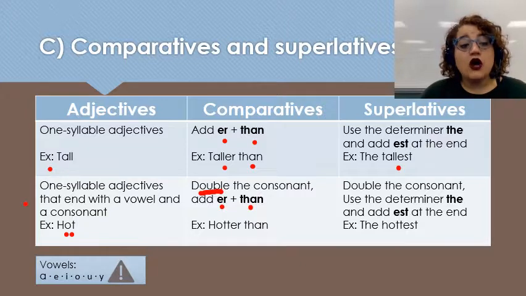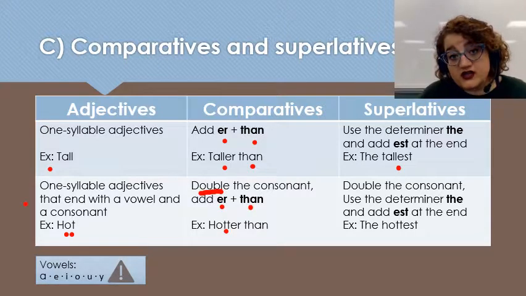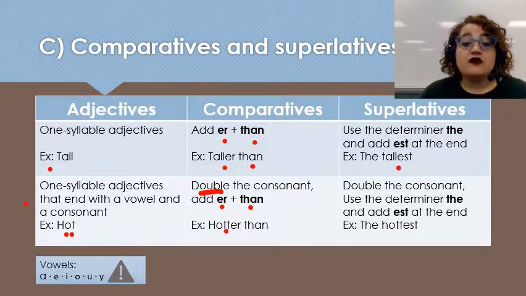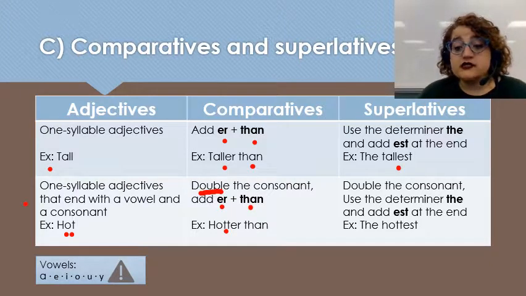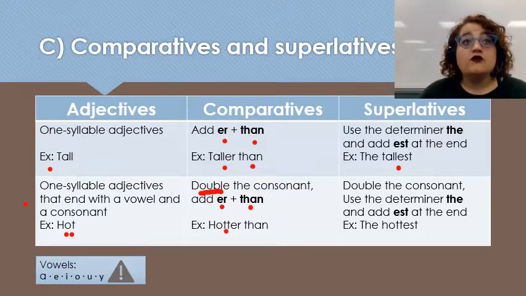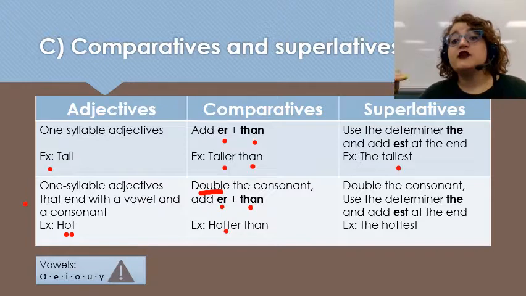So for example, hot, one syllable, one sound, becomes "hotter than" with doubling the T's. And when you want to use a superlative adjective, comparing three or four things, you're going to use "the hottest". So for example, around the equator is the hottest place on Earth.